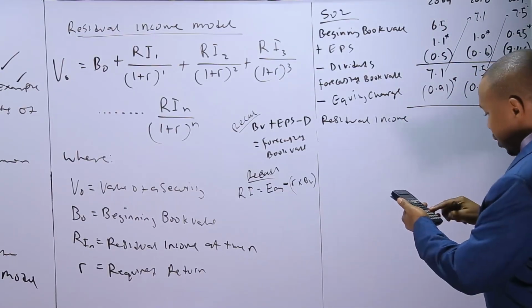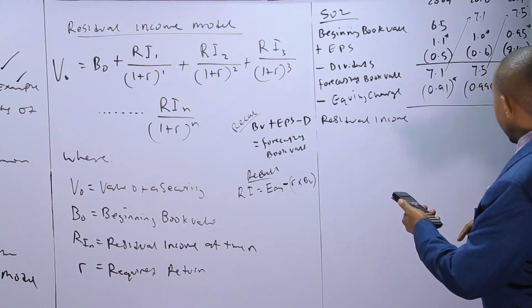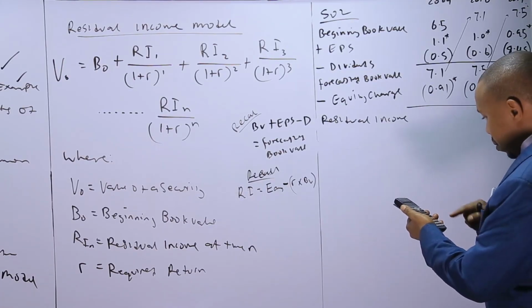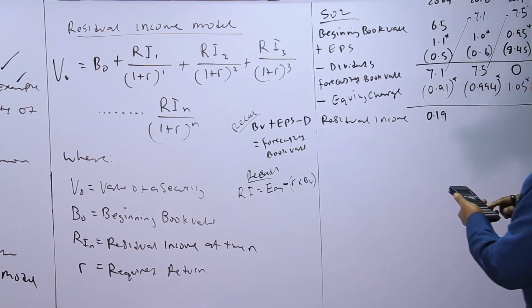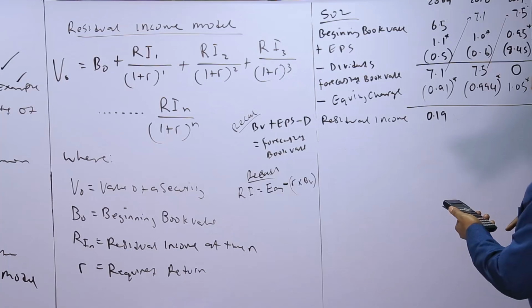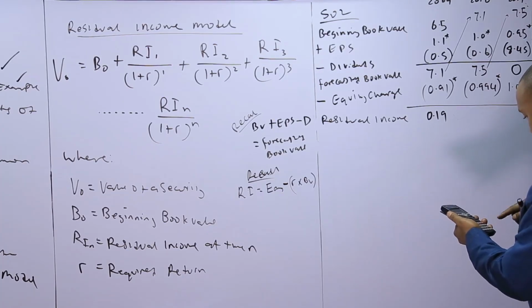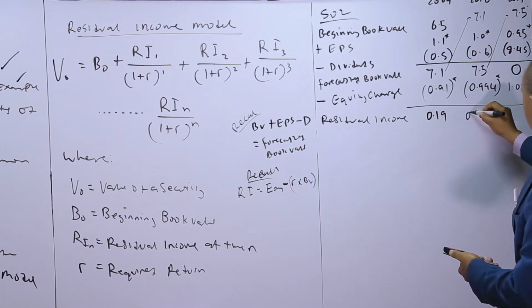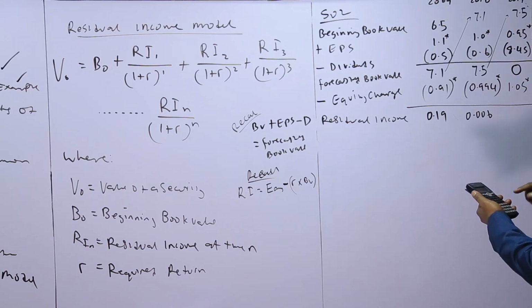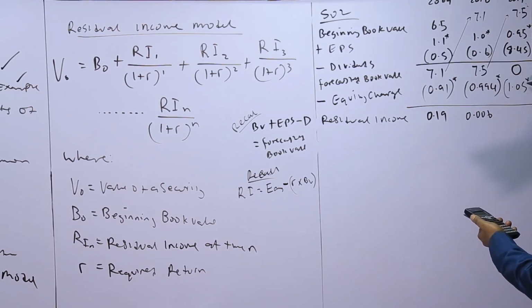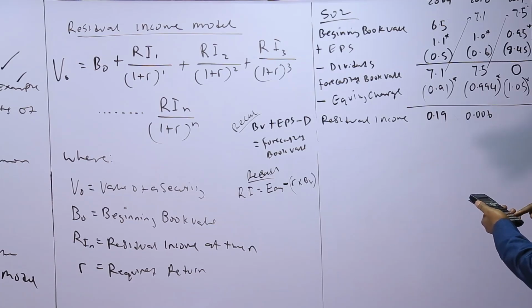So it's 1.1 minus 0.91, 0.19. Then we have 1 minus 0.994, 0.006. Finally, 0.95 minus 1.05, minus 0.1.